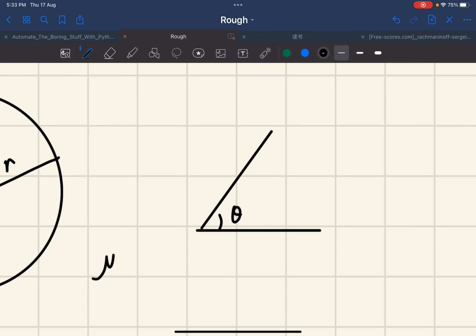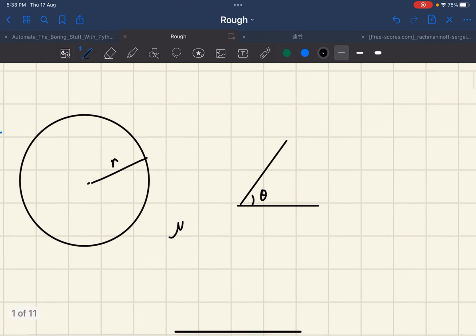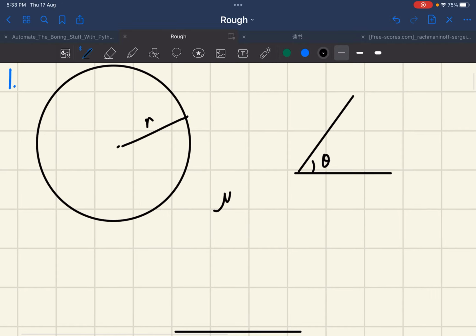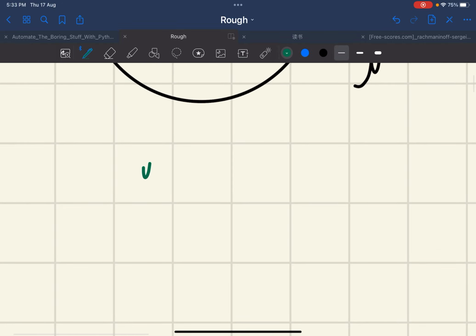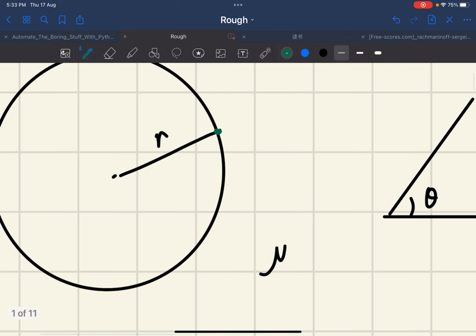Okay, so acceleration is v squared over r, directed towards the center. Thus the net force is mv squared over r, directed towards the center.